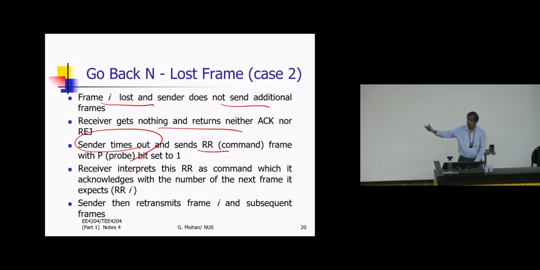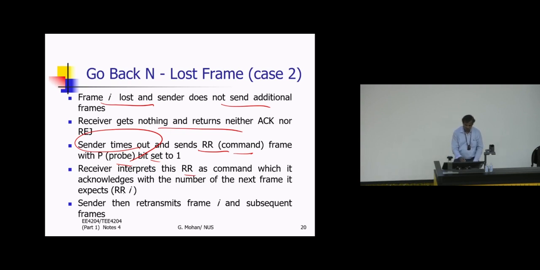Which frame you are ready to receive, that's what it wants to know. And that frame will have a bit in the header called the P bit, that bit is set to 1. So when the receiver receives this command frame, it's not a data frame, and it notes that this particular bit is set to 1, that means the sender wants to know which frame the receiver is expecting.